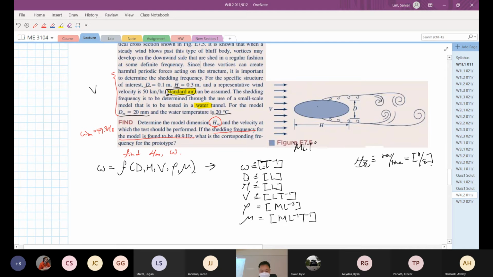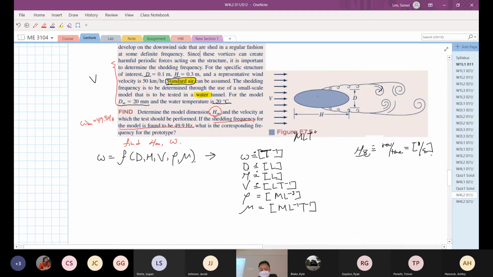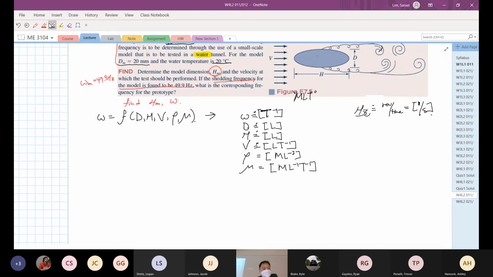Okay, so can you find the first pi term here by inspection? You can find it right away, right? Regardless of the repeating variables or reference variables, you can just find the one here right away.